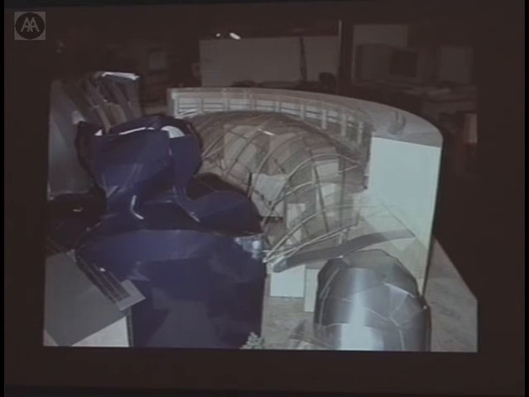Another such project is another Gehry project that is about glazing, and this is an atrium system. It's about 60 meters long, and at its widest point, it's nearly 30 meters wide, and it's a completely free-form shape.